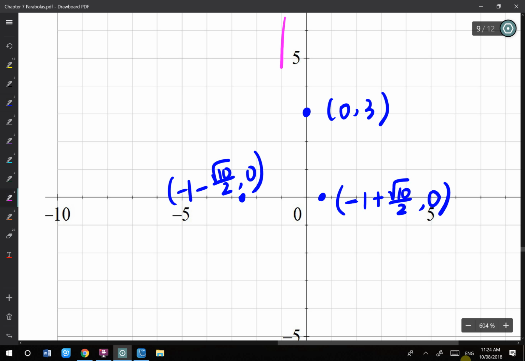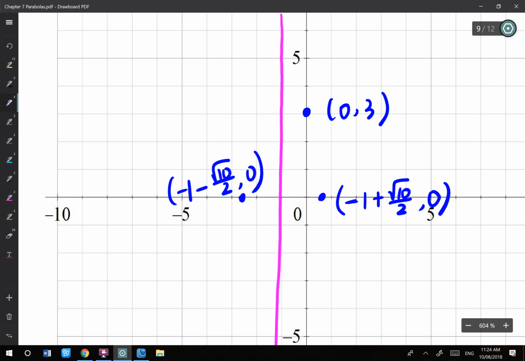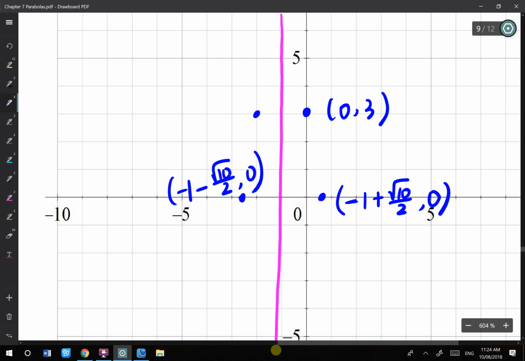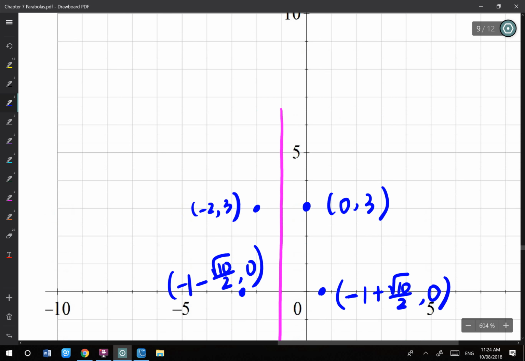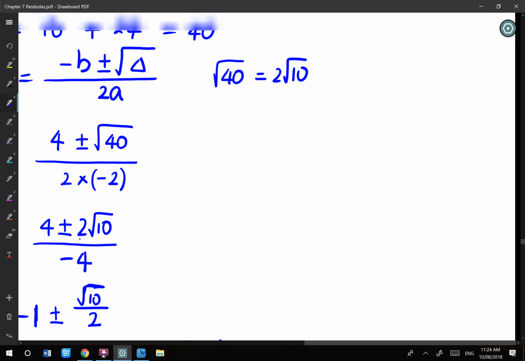So the turning point must be here. It's symmetrical about this line, symmetrical about -1. Therefore, I have another point here, -2, 3 as well. Now to find the turning point.